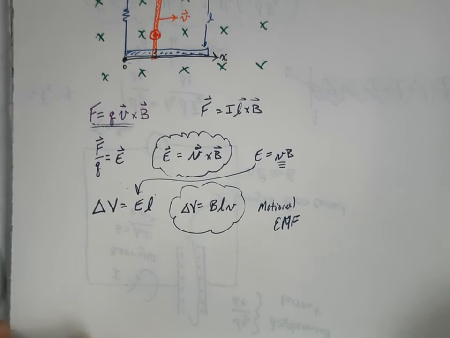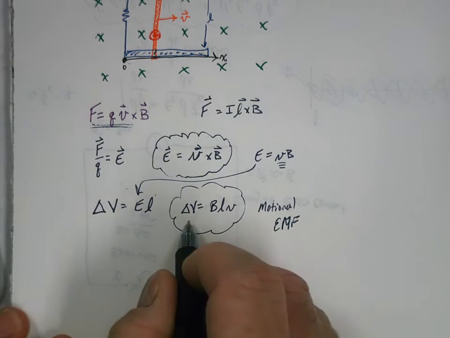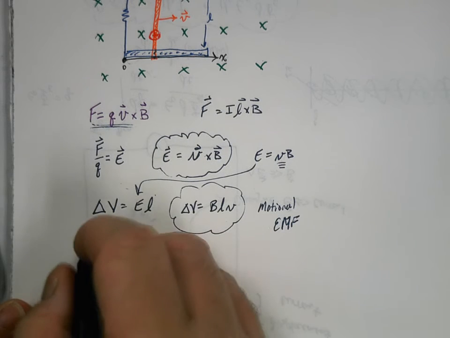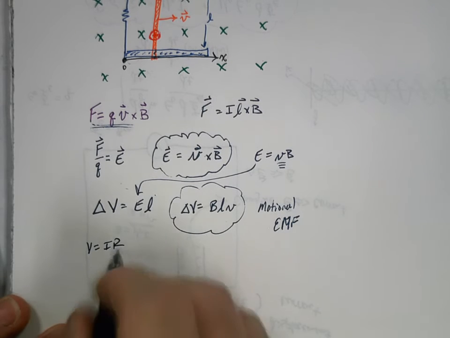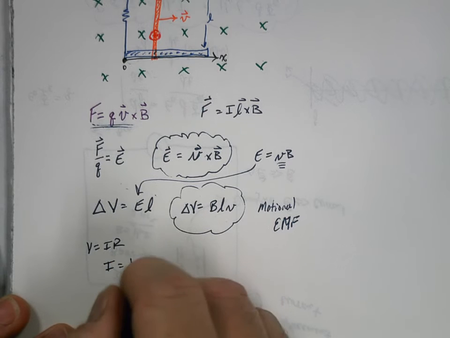However, we can take this, and according to Ohm's law, V equals IR, so our current equals our voltage over our resistance.